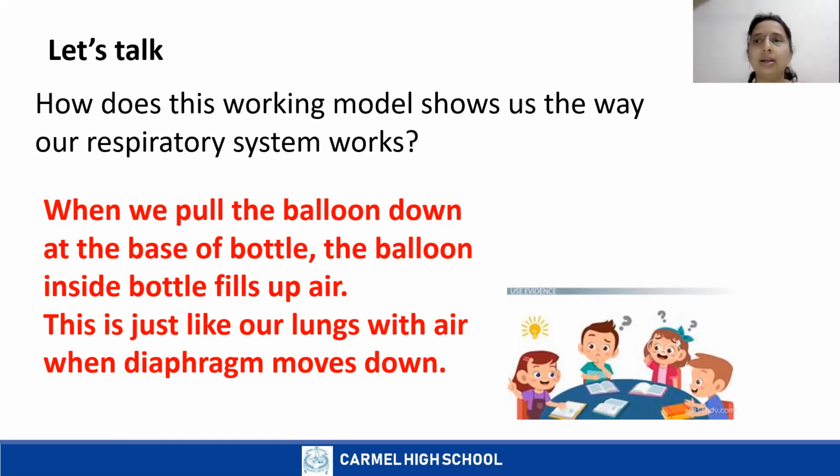Then we need Play-Doh, then straw, then tape and scissors to cut, and tape to seal the mouth of the bottle as we have sealed here. Then a rubber band. You can refer to your content book for this. While preparing the working model, refer to your content book so that you all understand easily.